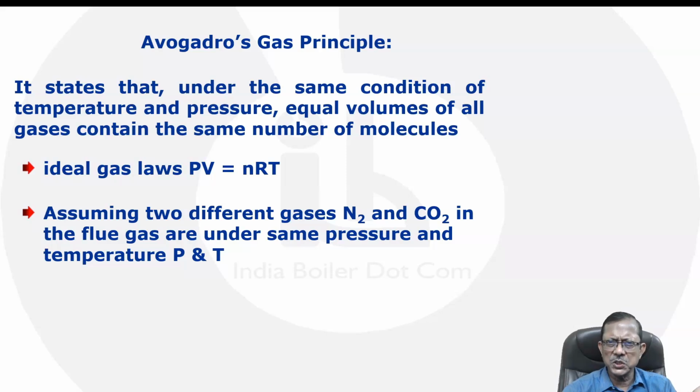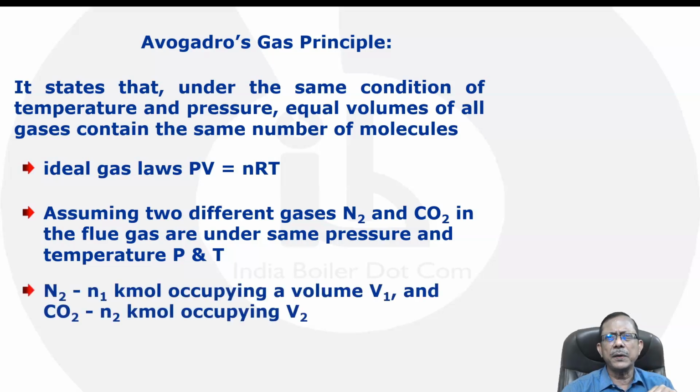Definitely N2 will be in much larger quantity than CO2, but they are at the same pressure and temperature, P and T. Let us assume N2 is N1 kilomole and occupies a volume V1, and CO2 is N2 kilomole and occupies a volume V2.